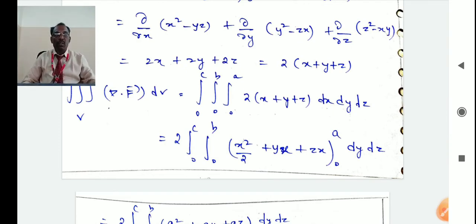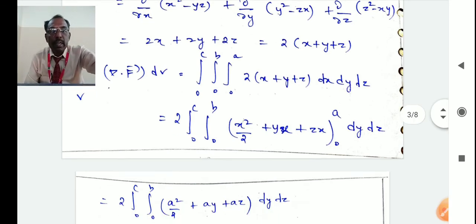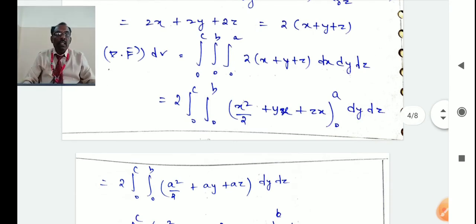Here 2 is a constant, I like to remove 2 from the x plus y plus z. The integration of the remaining portion is x squared by 2 plus yx plus zx. Now here x is equal to a, we get a squared by 2 plus ay plus az. Lower limit value is 0. So here x is equal to 0, everything is 0, so there is no need to put x equal to 0.